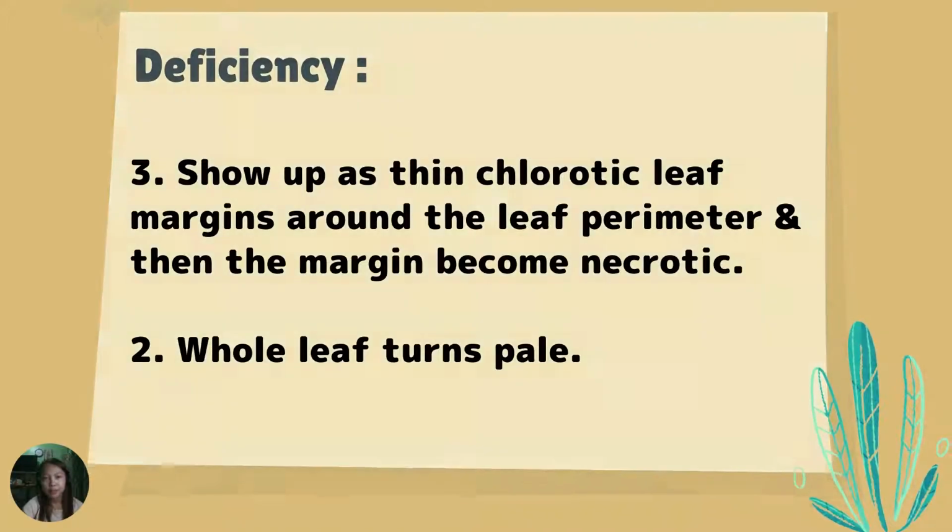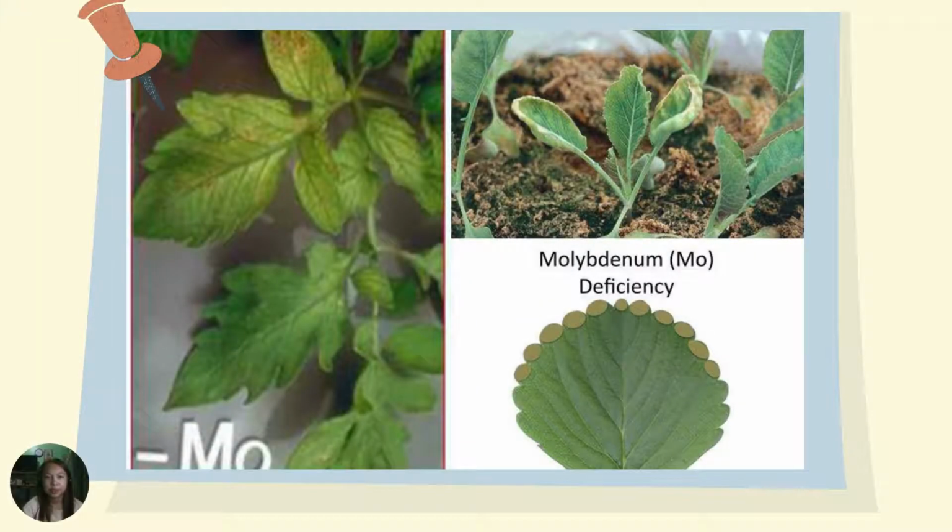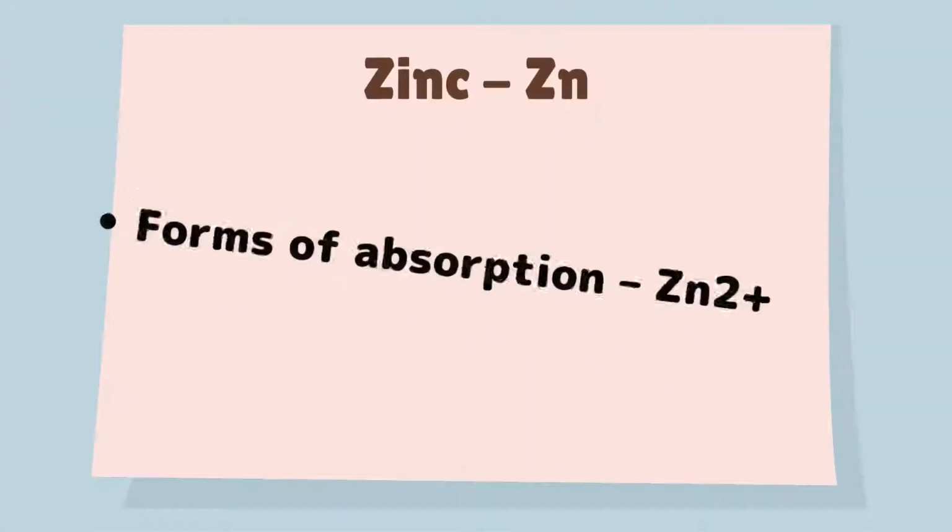So the whole leaf turns pale. It starts with the marginal part of the leaf and then the tip of the leaves also. With the deficiency of molybdenum, the tip of the leaves becomes necrotic or yellowish in color.